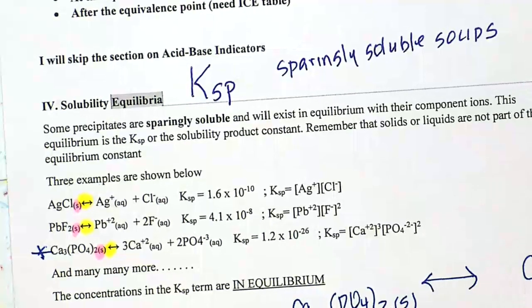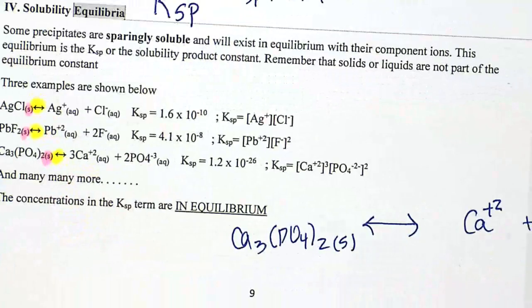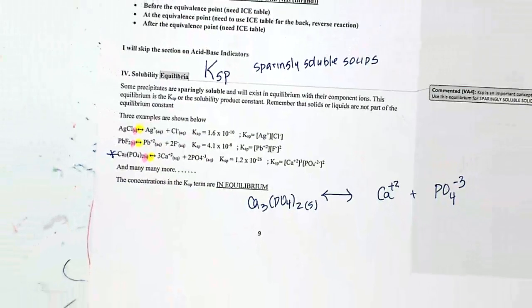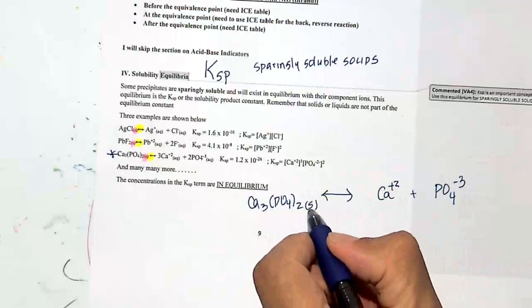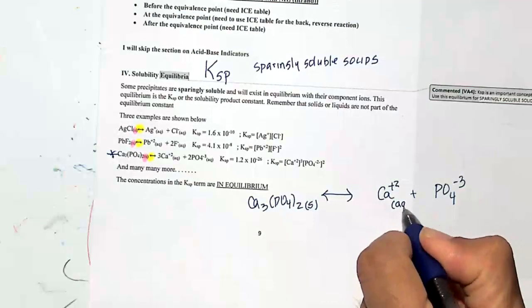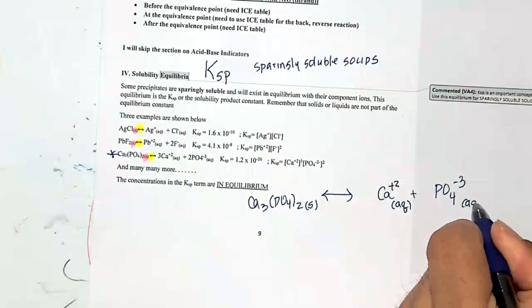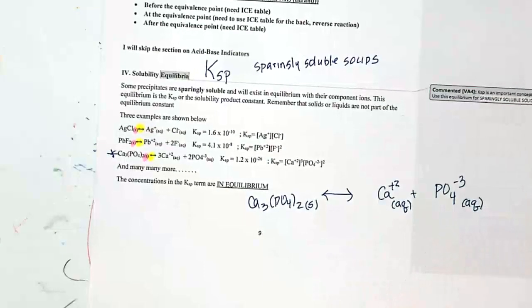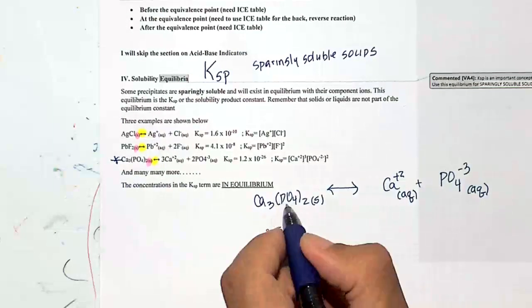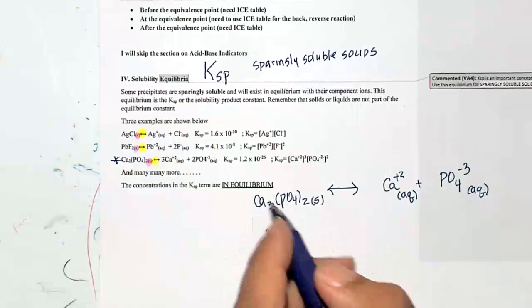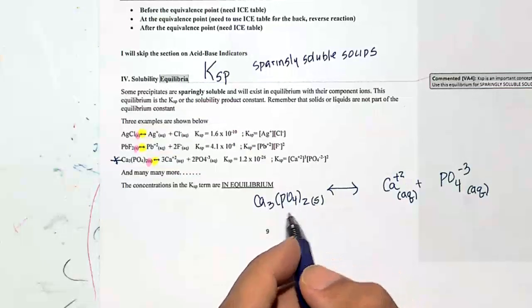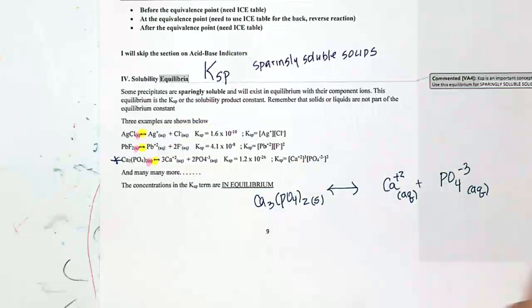So this solid is in an equilibrium with calcium ion and phosphate ion. So this would be the KSP for calcium phosphate.